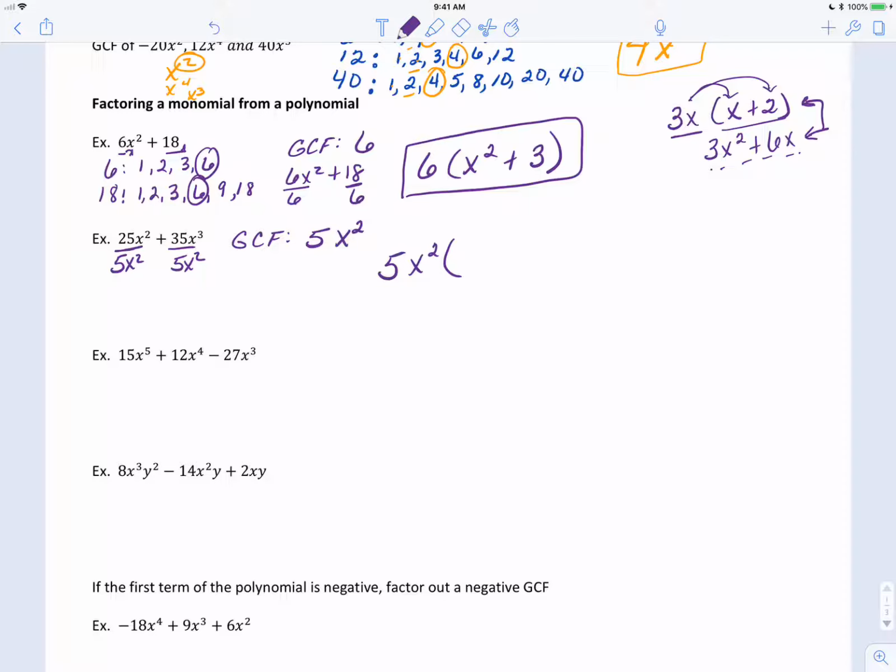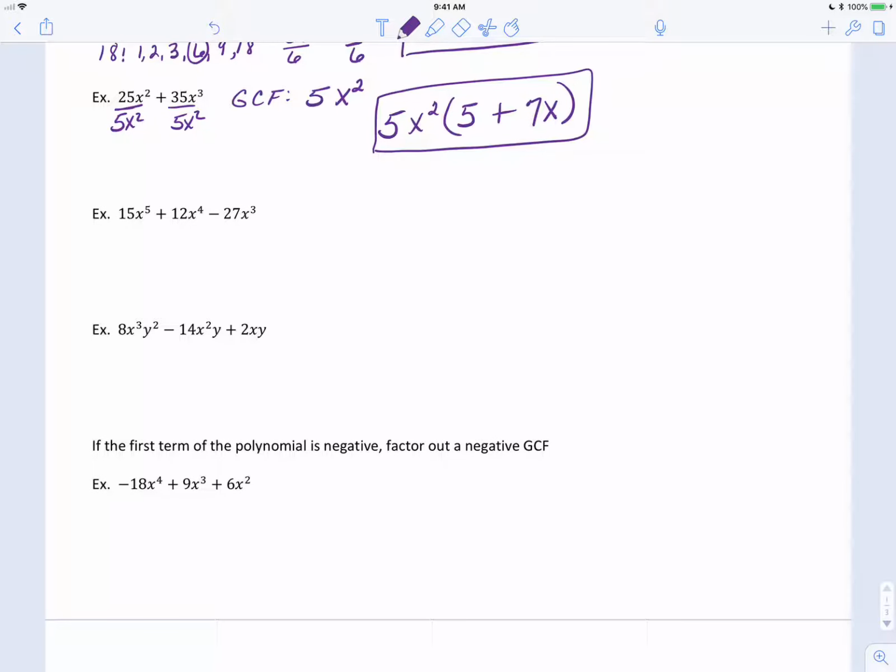So 25 divided by 5 is 5, and x squared divided by x squared is just 1. So 35 divided by 5 is 7, and x cubed divided by x squared means, remember, we subtract those exponents, 3 minus 2, so we still have an x left. And you can check that answer by multiplying it back out.